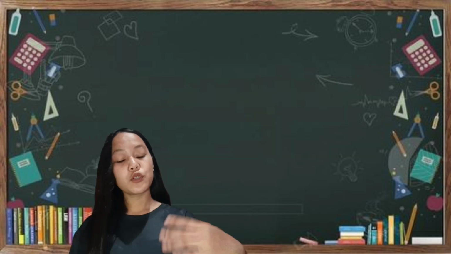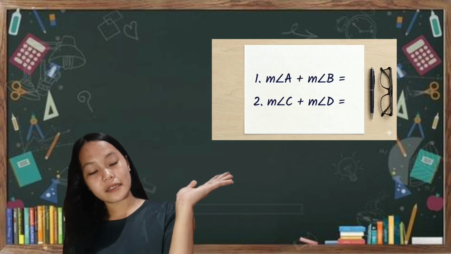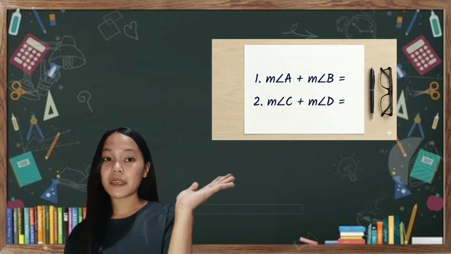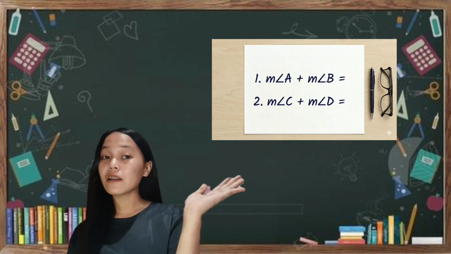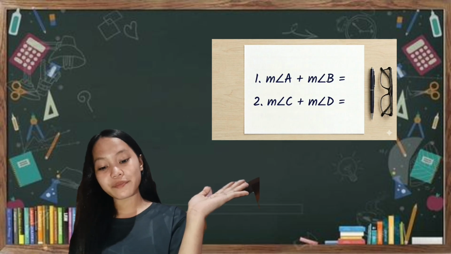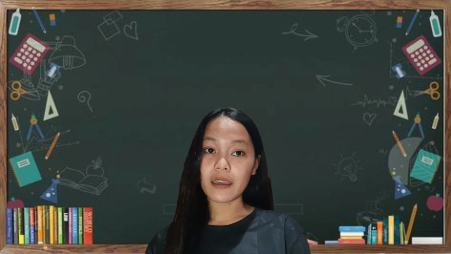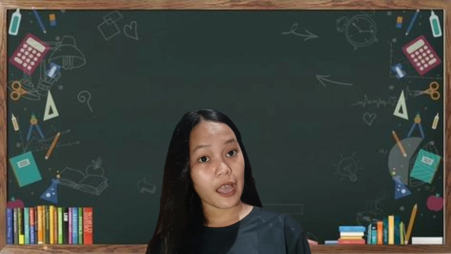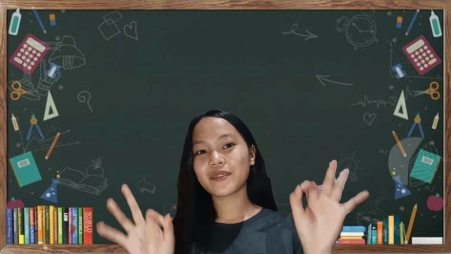And then, you will observe patterns and calculate: angle A plus angle B equals, and angle C plus angle D equals. And lastly, you will compare and identify if there are supplementary angles and congruent angles. Okay, got it?